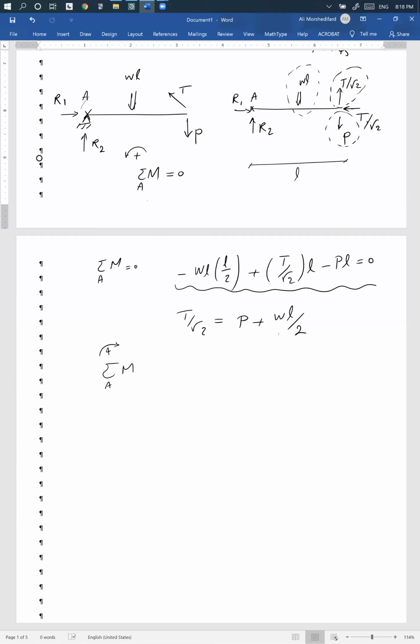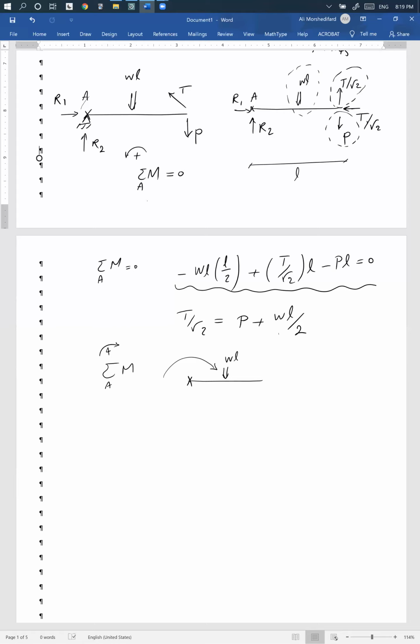Let's look at WL first. I'm taking the moment here, and WL is rotating this in this direction, so it's positive, whereas the other way it was negative.